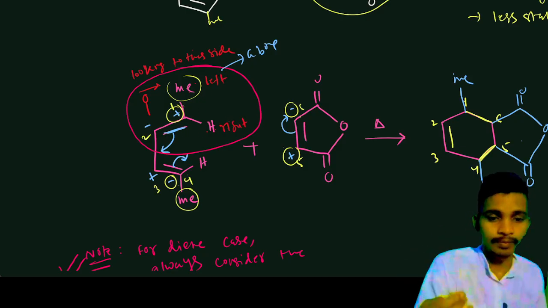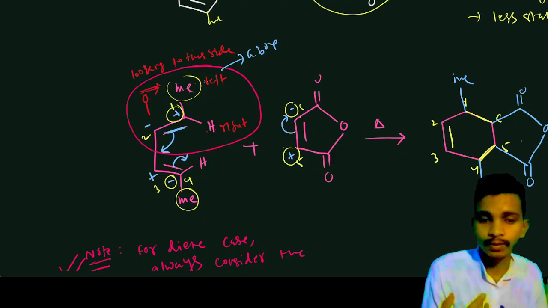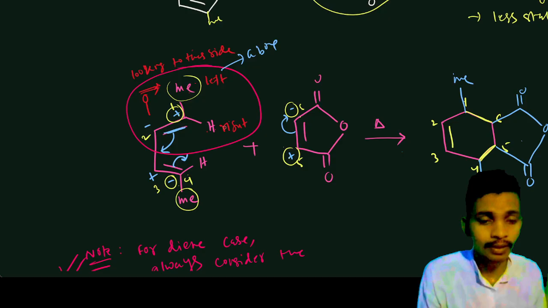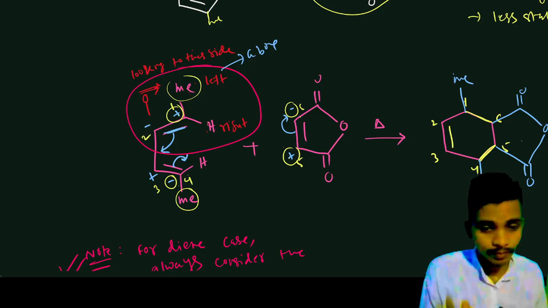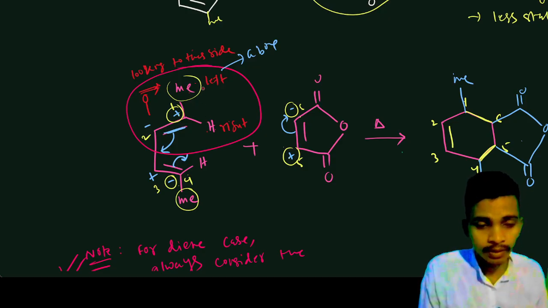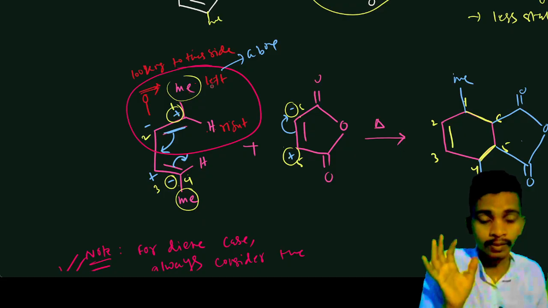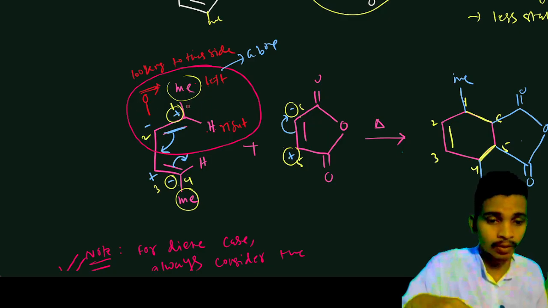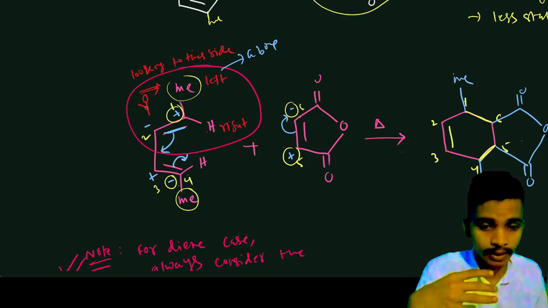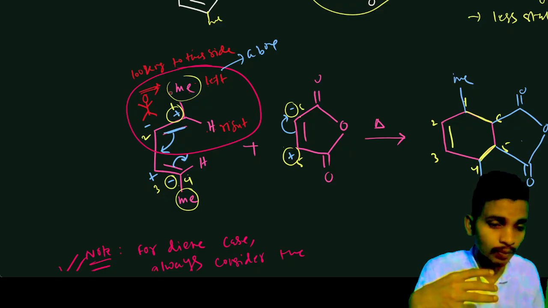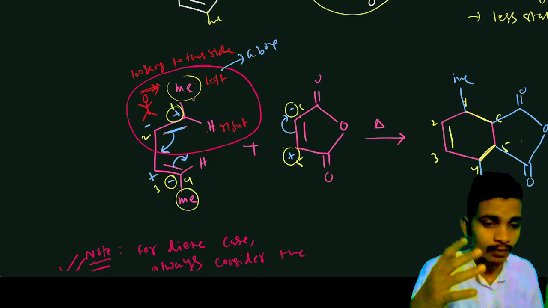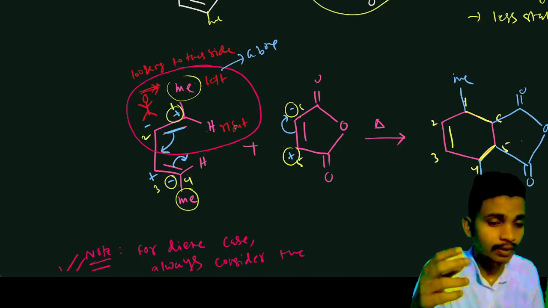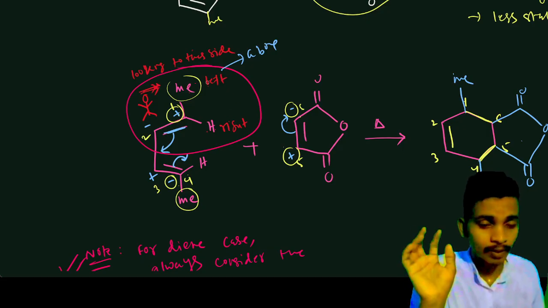Because you are looking to these sides, this becomes your left hand and this becomes your right hand. Suppose you are standing here and looking to these sides, then this is your left hand, this is your right hand.